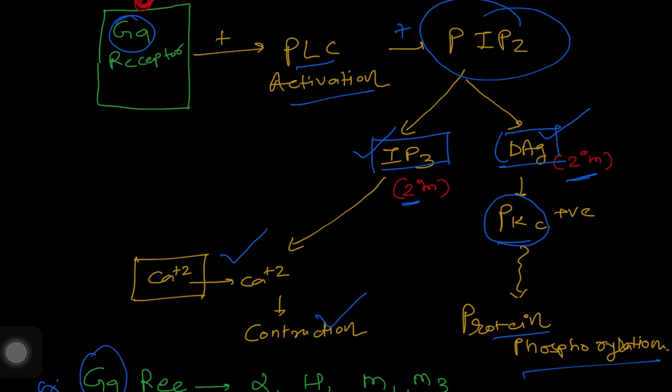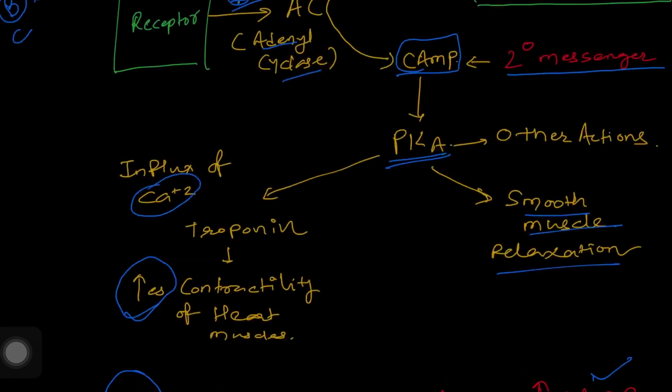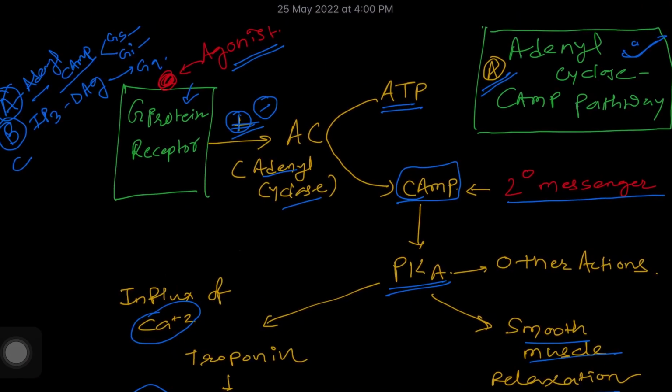IP3-DAG pathway receptors are called Gq type of receptors. Alpha 1, H1, M1, M3, all those stimulatory kinds of receptors come under the category of Gq type of G protein coupled receptors. So now we have seen two different pathways, one that is adenyl cyclase cyclic AMP, and the second that is the IP3 and DAG pathway.